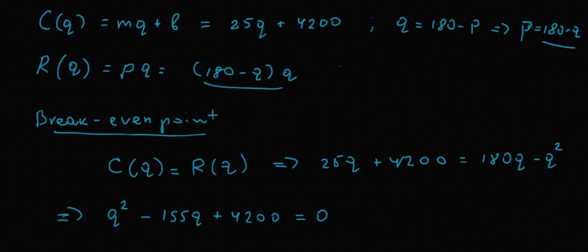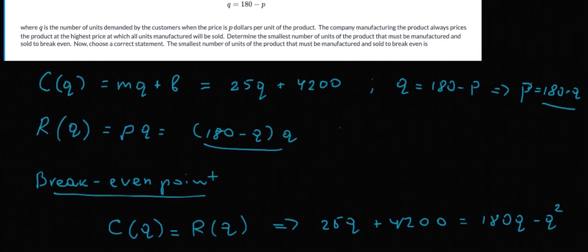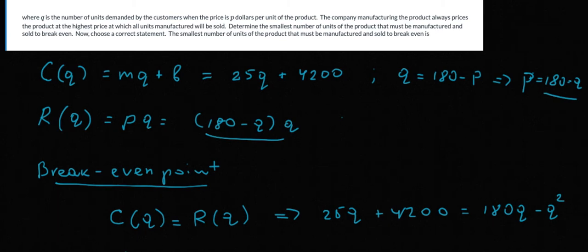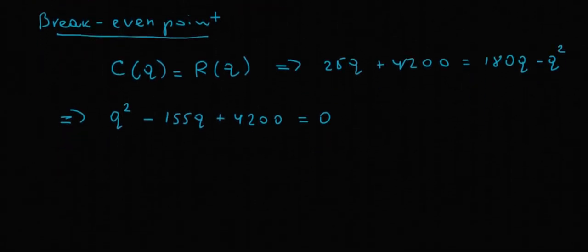Okay, and now we need to solve for Q. Actually, let us look at what the problem is asking. The problem is asking us to find the smallest number of units of the product that must be manufactured and sold to break even. So we're looking for that value of Q. And so let's go ahead and solve this equation for Q. Considering the values of B and C are fairly large, I would recommend using the quadratic formula.